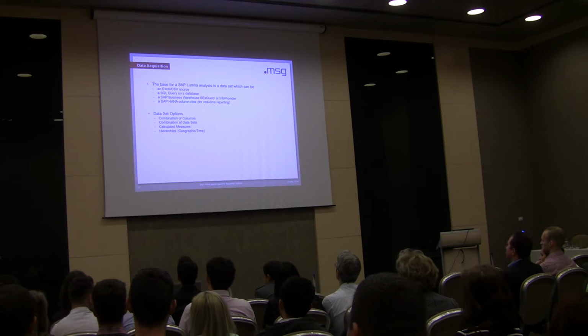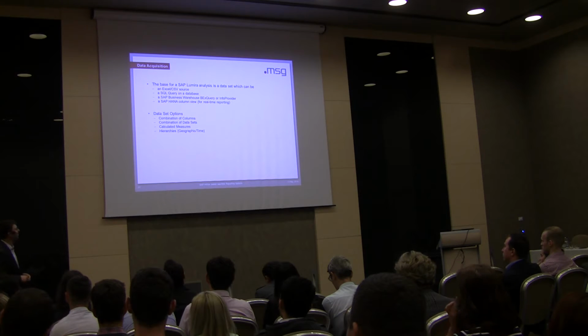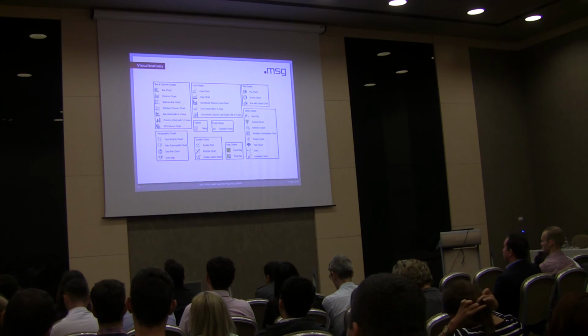You can combine datasets. You can create additional calculated columns, calculated measures, or you can create hierarchies, especially geographic hierarchies and time hierarchies. In this example I will show you, I have created a geographic hierarchy for the geographic chart types.